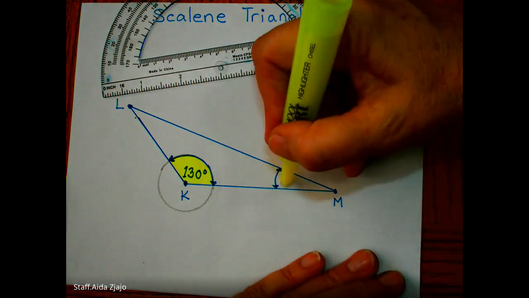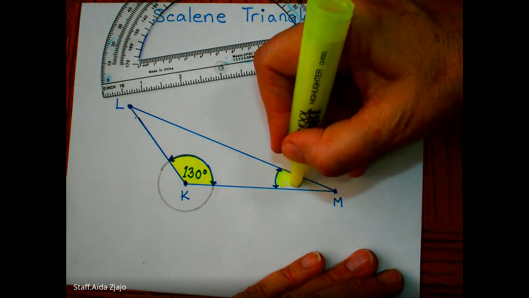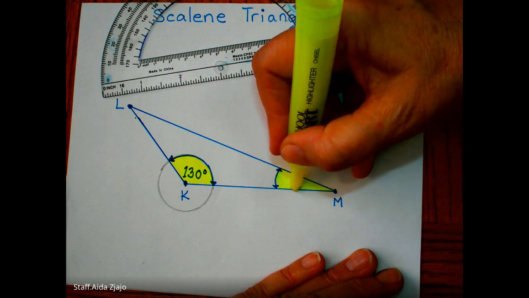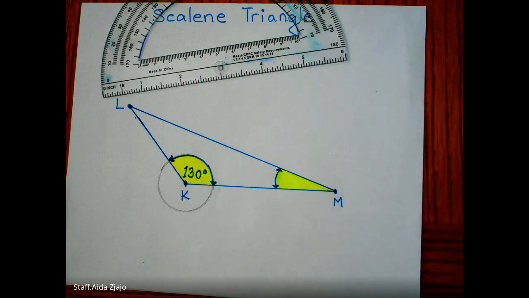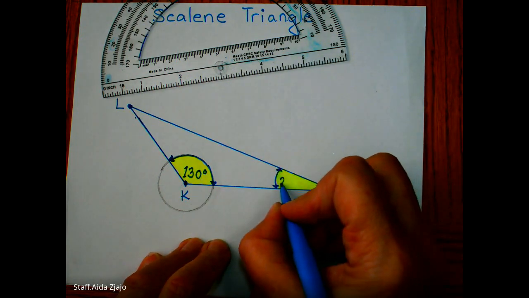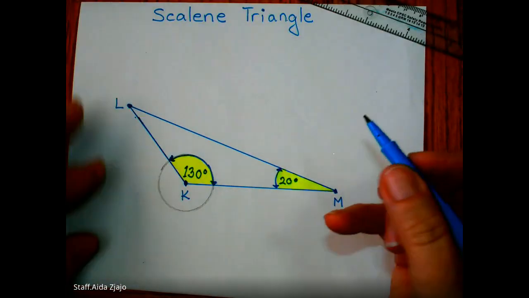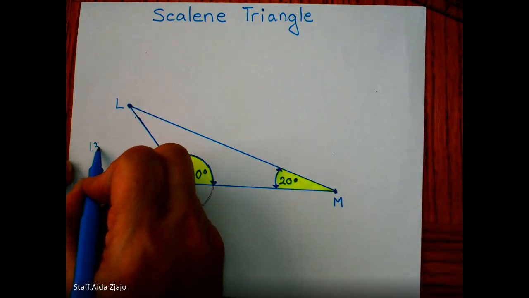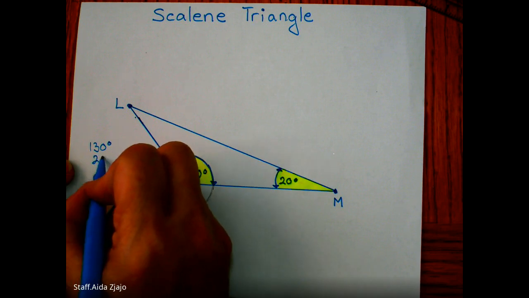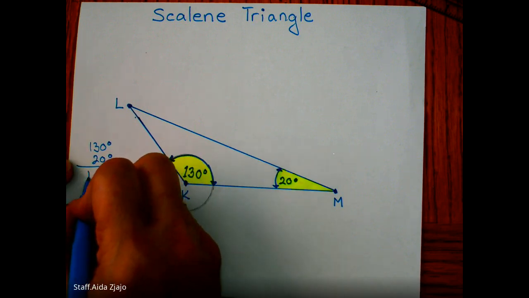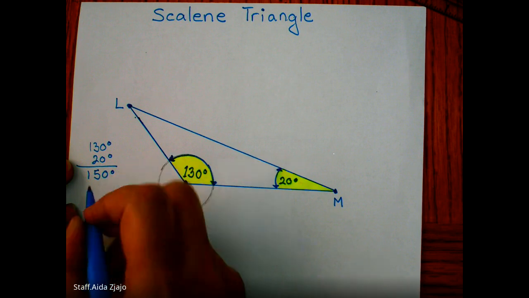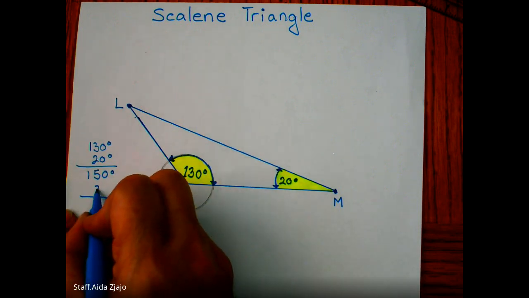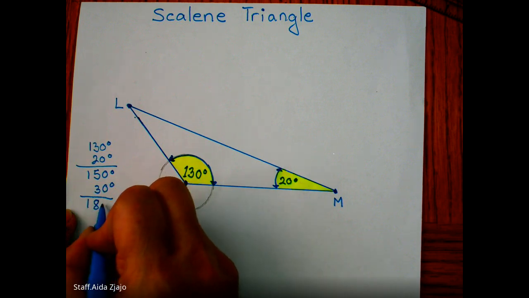So now I can measure the third one, or I can just figure it out by adding up to 180 or subtracting from 180 what I have. So I can say, okay, I have 130 degrees and I have 20 degrees. That will be 150 degrees. So I know that only 30 more degrees and I will have 180 degrees.